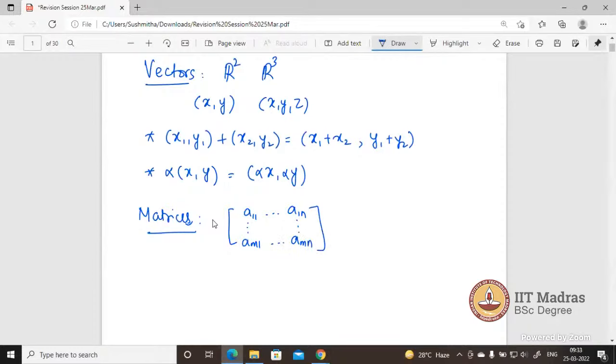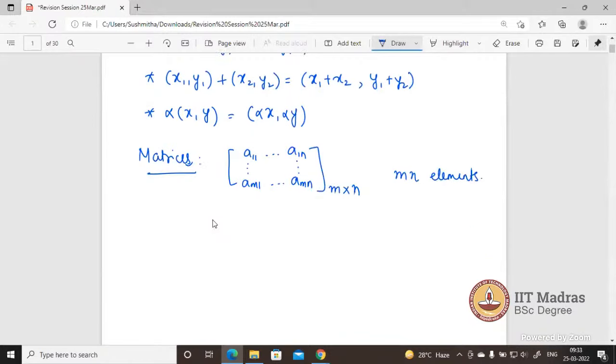You have m into n elements arranged in a rectangular array of m rows and n columns, and the order of the matrix is represented as the number of rows cross the number of columns. So we write the number of rows first, m, and then the number of columns, n: m cross n, and an m cross n matrix has m into n elements.